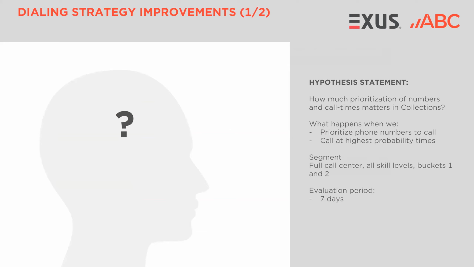Many of you know it, but we were fortunate enough to look at call centers with lots and lots of agents, and with the number of cases that we have to do, it was really interesting. So you can see the evaluation period was 7 days, because there were so many cases that after, let's say, 1 day of calls, you had several millions of rows of data to go through.